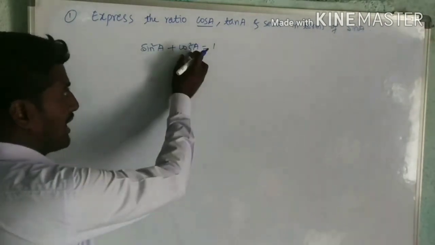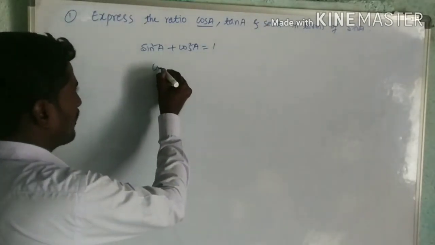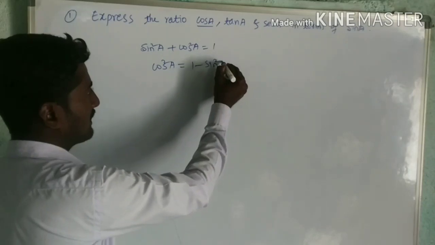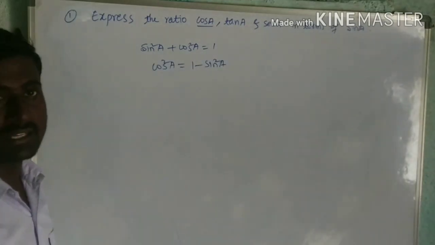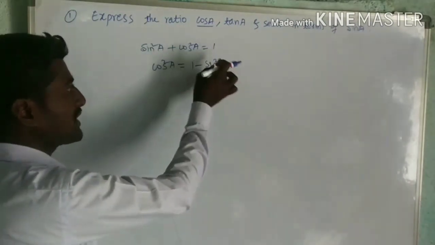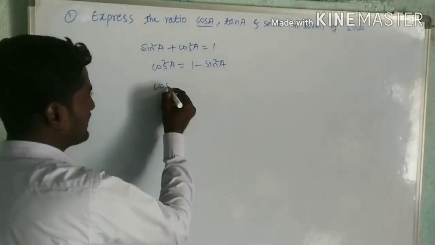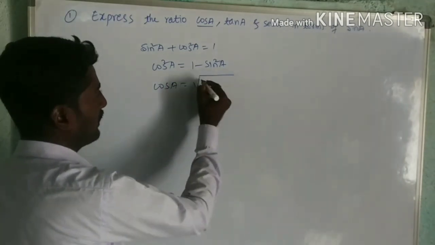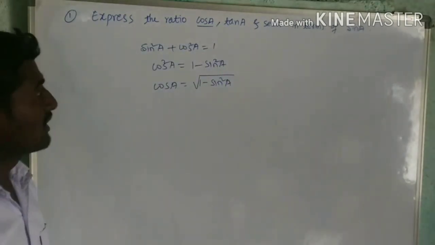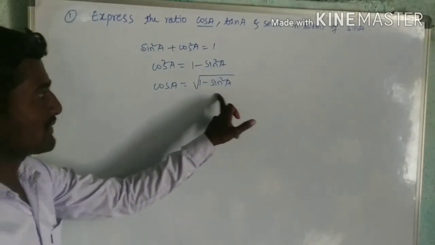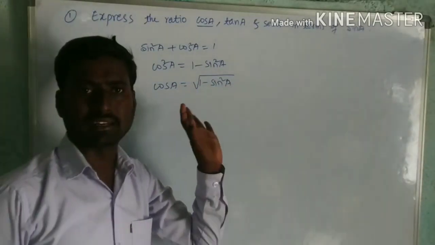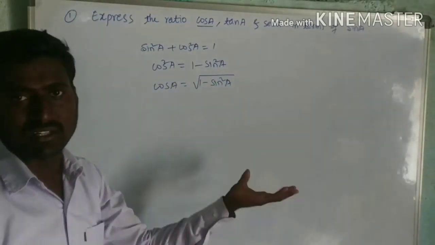I want cos in terms of sin, so cos square A is equal to 1 minus sin square A. Now I want cos A only, in terms of sin A. So cos A is equal to root of 1 minus sin square A. This is the first one. In terms of sin A means what? On the right side only the sin function must be there, no other function.